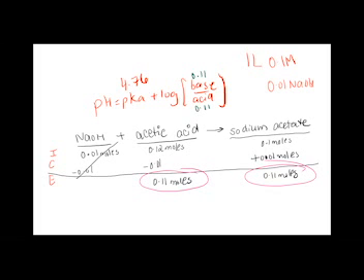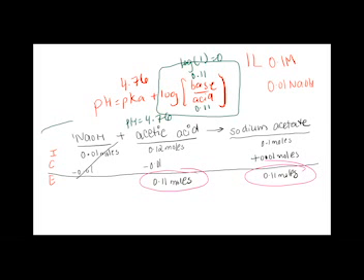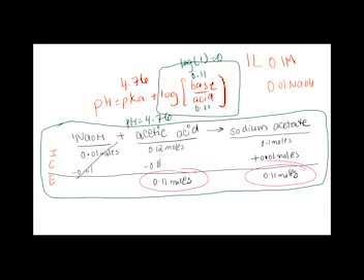When you take the log of this, what do you get? 0. Yep, it's the log of 1, which is 0. So 4.76 plus 0 is 4.76. Just remember, when you're adding something, you want to do the ICE table, unless they tell you there's no effect of the solvent added.